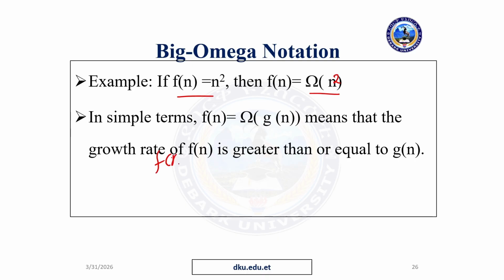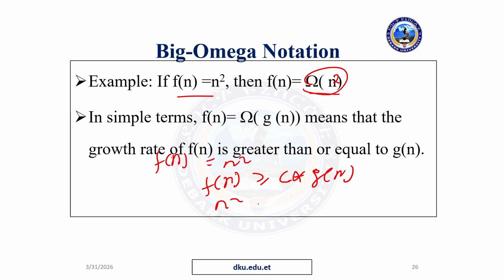F of n is equal to n squared, right? To prove big omega of n squared, we need f of n greater than or equal to c times g of n.